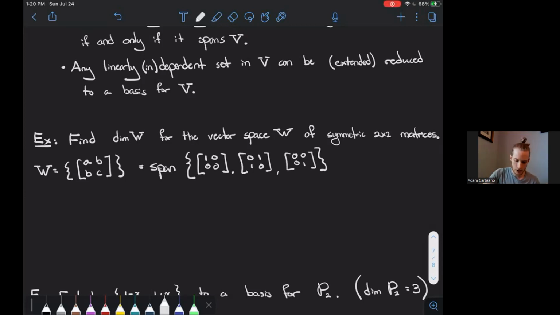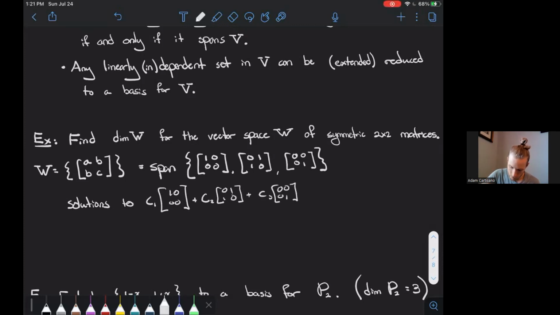We have to find the solutions to C1 times 1 0 0 0, plus C2 times 0 1 1 0, plus C3 times 0 0 0 1, equals the 0 matrix, so 0 0 0 0. What are the solutions to this?